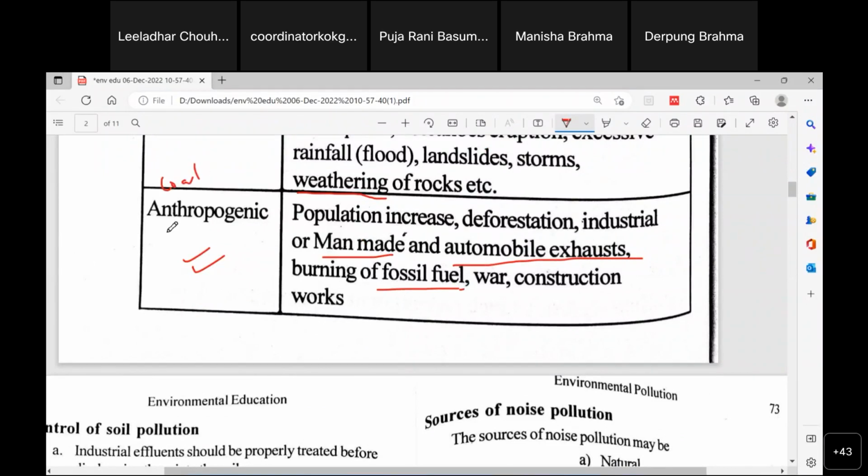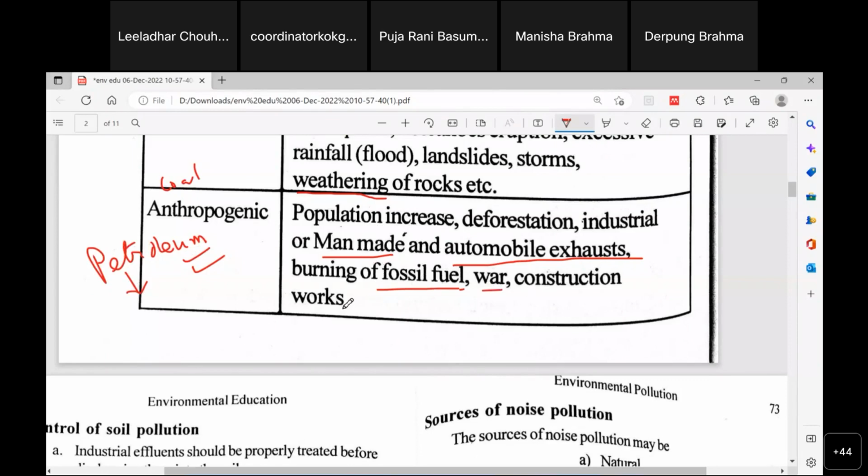Coal and petroleum are known as fossil fuels. Petroleum means petrol, diesel, kerosene, all these are byproducts of petroleum. So this burning of fossil fuel leads to production of pollutants.